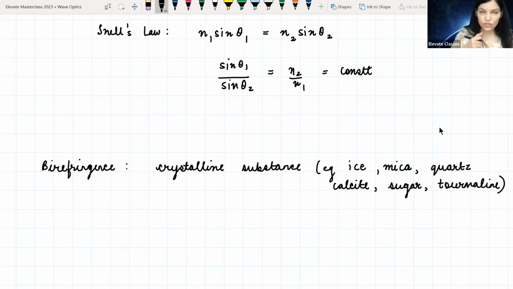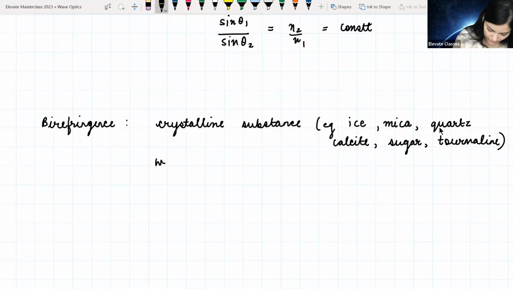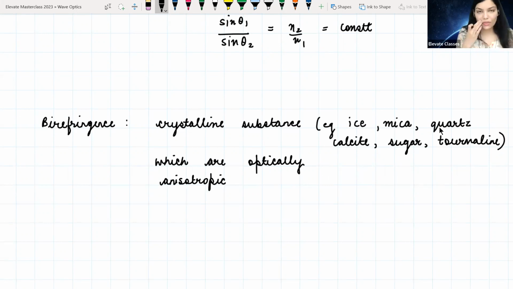These are naturally occurring crystalline substances which are optically anisotropic. So there is an inherent anisotropy, or a different nature associated with the directions: in whichever direction the beam is propagating, it experiences a different refractive index.